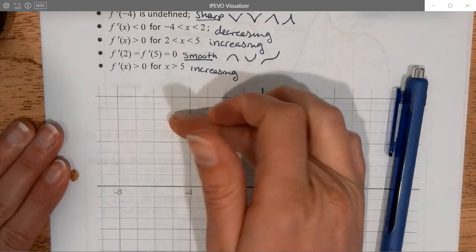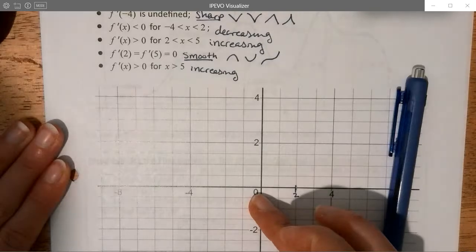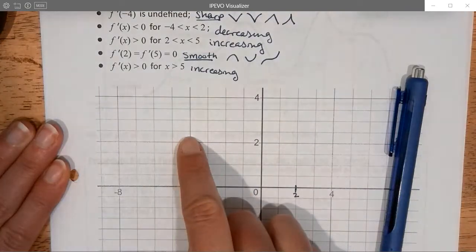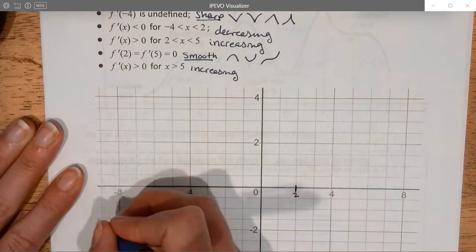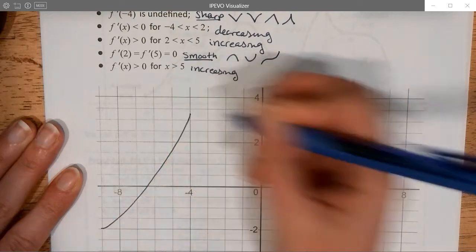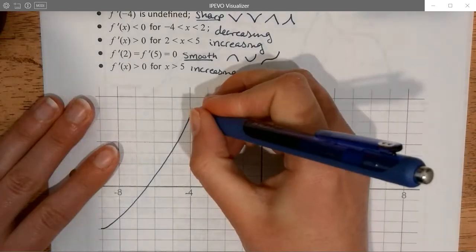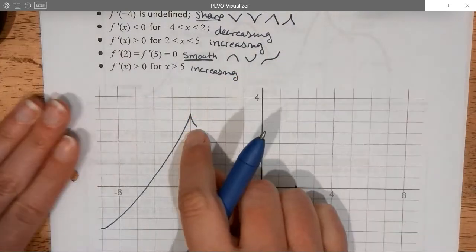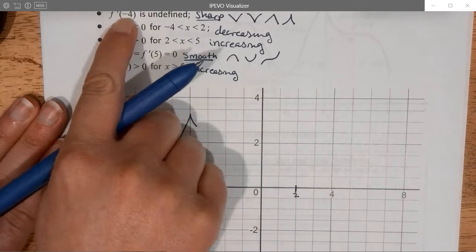So I'm going to be decreasing over here. Good thing I was using my finger to draw. So I'm increasing and then decreasing. Now at negative 4, instead of being smooth, we're going to be sharp. So for this first piece, we're going to have something that is increasing until I reach, I don't know what the y value is, that's not necessary, but until I reach an x value of negative 4, and then I begin decreasing. I have a sharp turnaround because of the undefined first derivative.